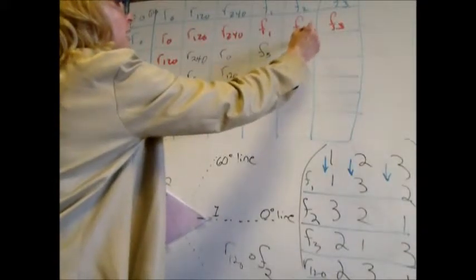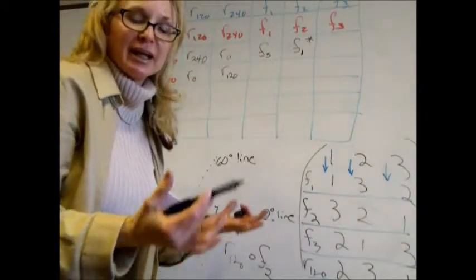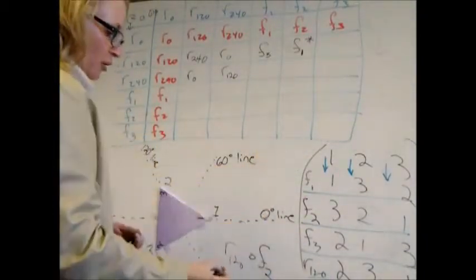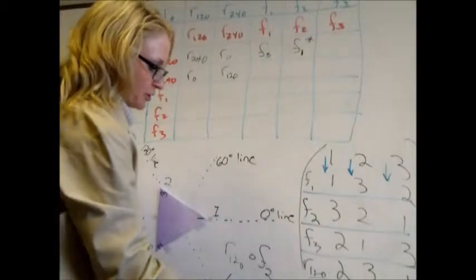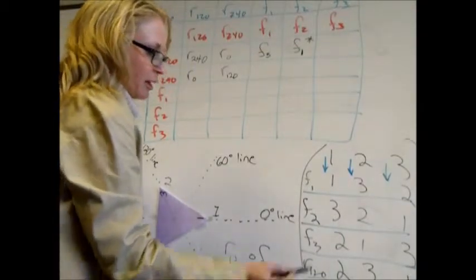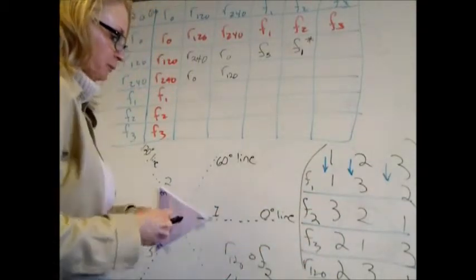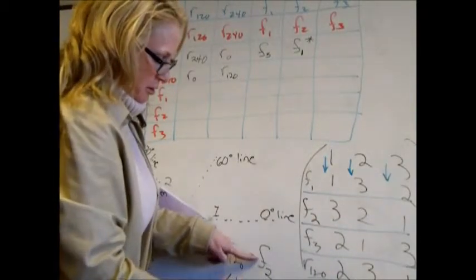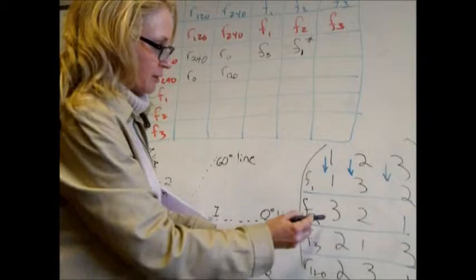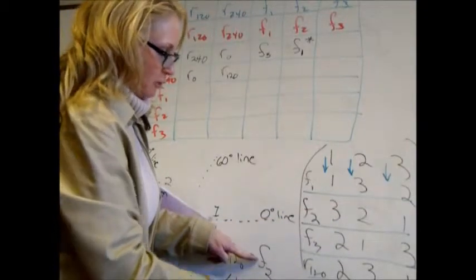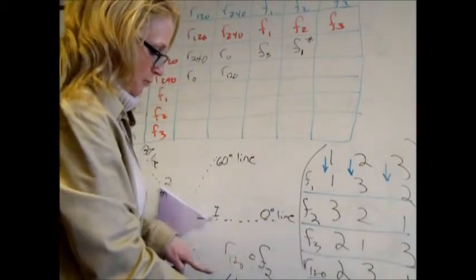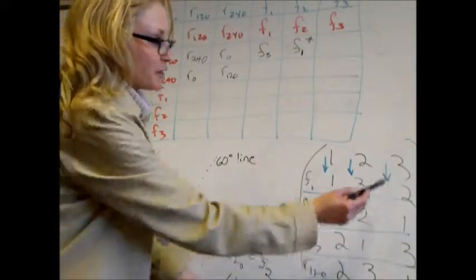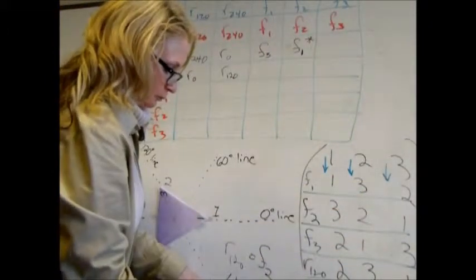Now, another way for us to have done any of these computations is to just take a look to see what happens to the vertices 1, 2, and 3 in our definition of these functions. F2 sends vertex 1 to 3. It sends vertex 2 to itself, and vertex 3 goes to 1. And then R120 sends vertex 3 to 1.